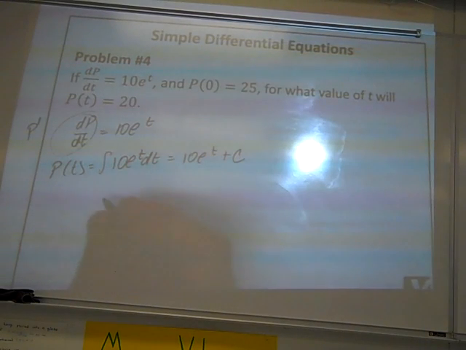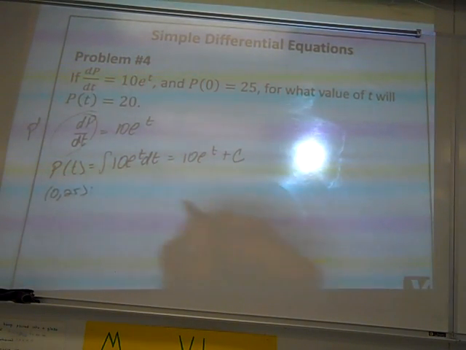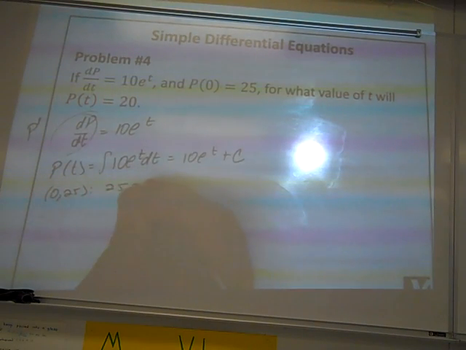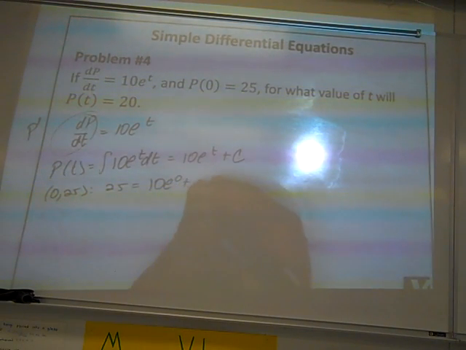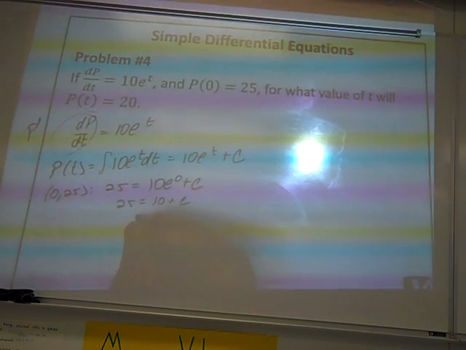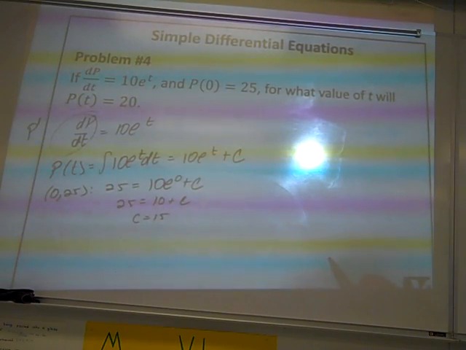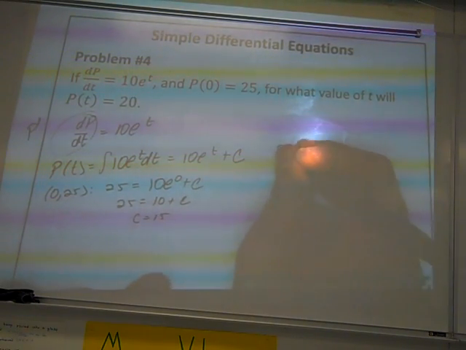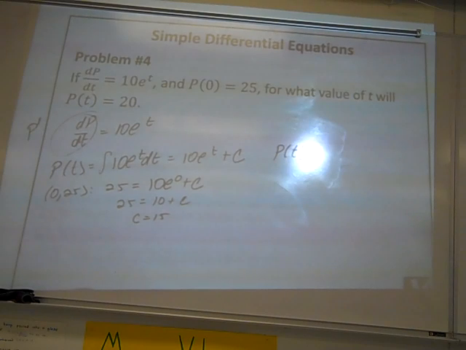We're told p of 0 equals 25, so I'm going to plug in the point 0, 25, and we get that 25 equals 10 e to the 0 plus c. E to the 0 is 1, 10 times 1, so c is equal to 15. So my function p of t is going to be 10 e to the t plus 15.